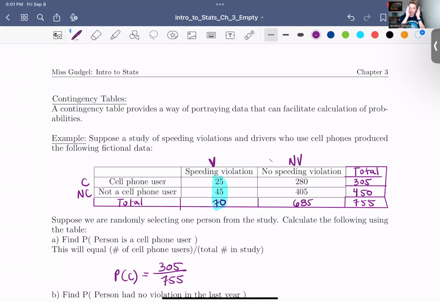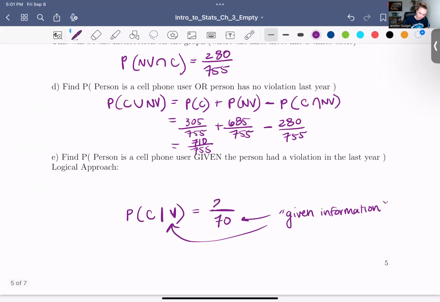Well, I look at those 70 people, there were 25 that were also a cell phone user. So out of those 70 people, there were 25 that are cell phone users. There's 25 different ways to select a cell phone user. So if you're given the contingency table, I feel that that's an easier way. These are the cell phone users. I feel that's an easy way to find that conditional probability.